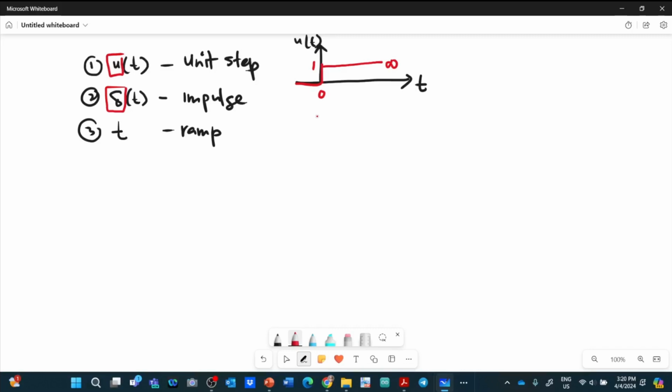So there will be a step input. Delta T is an impulse with amplitude 1 at 0. Impulse only.